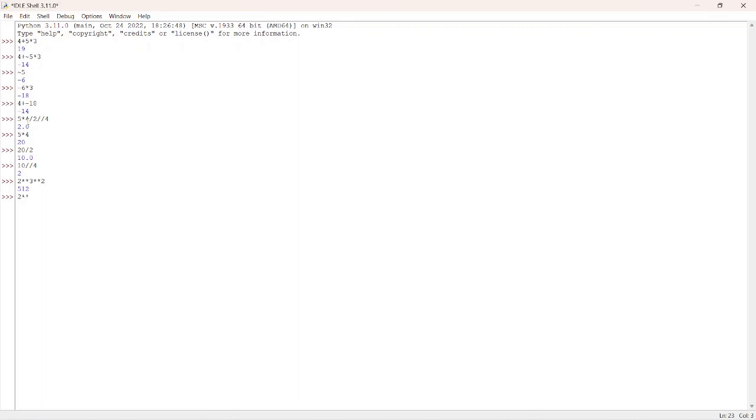Okay, so first, 2 exponent 3 will give you the result 8. Now 8 exponent 2 gives you the result 64, which is not the result we are getting. We are getting 512. Why? Because it got executed from right to left. See here, first 3 exponent 2 was calculated, that goes to 9, and then 2 exponent 9 was calculated, that goes to 512. So this is the example of operator associativity, right?